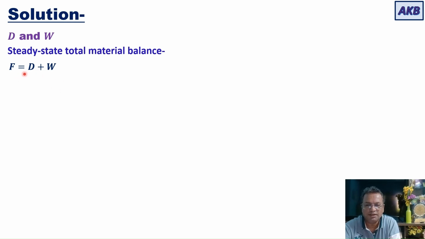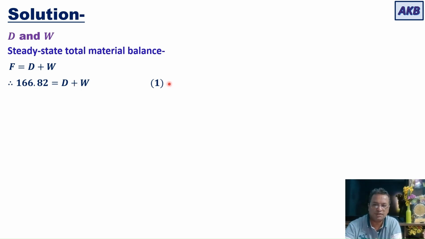Feed will be equal to distillate plus bottom product. The steady state material balance written for a distillation column will be F is equal to D plus W. If I use the given values, F is 166.82, which we found just now. That will be equal to D plus W. Both are not known to us, and I am calling this equation number 1.